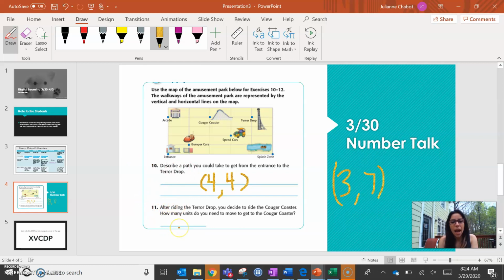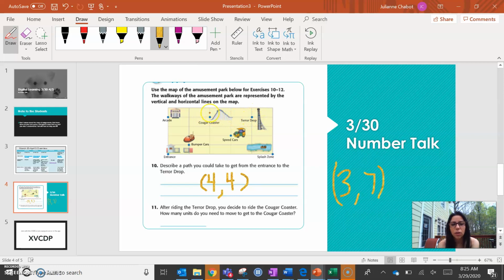Number 11. After riding the terror drop, you decide to ride the Cougar Coaster. How many units do you need to move to get to the Cougar Coaster? Now, this answer is not going to be given in a coordinate pair necessarily. We just want to know how many units, right?